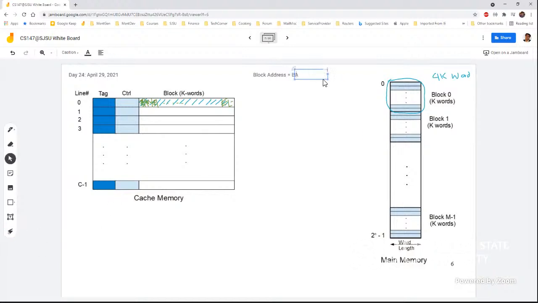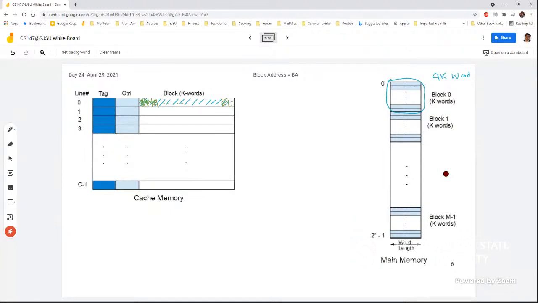So anyway, this block address is these numbers like block 0, block 1, block 2, block 10, block 15, and so on.